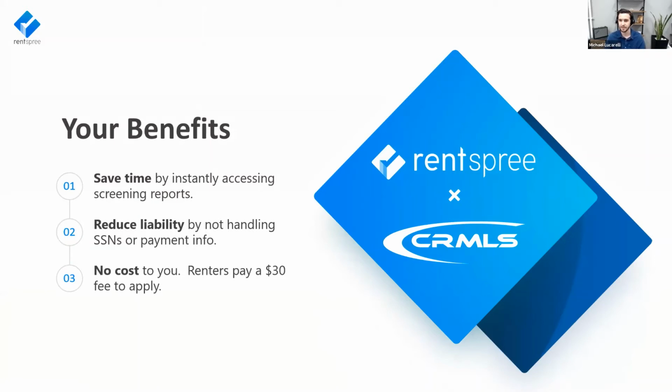Also, another aspect of Rentspree is that it really reduces your liability as well. Most people in the past, when they've needed to screen, it typically tends to shake out that you need to gather the social security numbers of the applicants and then send them off to a third party and then get the screening reports back. And this is something where you're now handling a lot of sensitive information, which the social security number is arguably the most sensitive piece of information from an applicant.